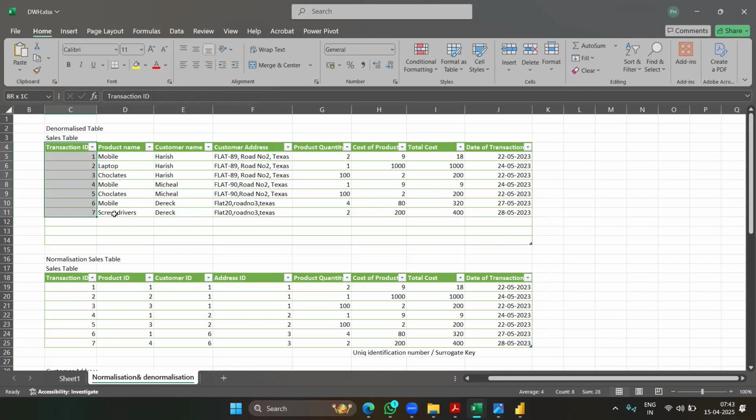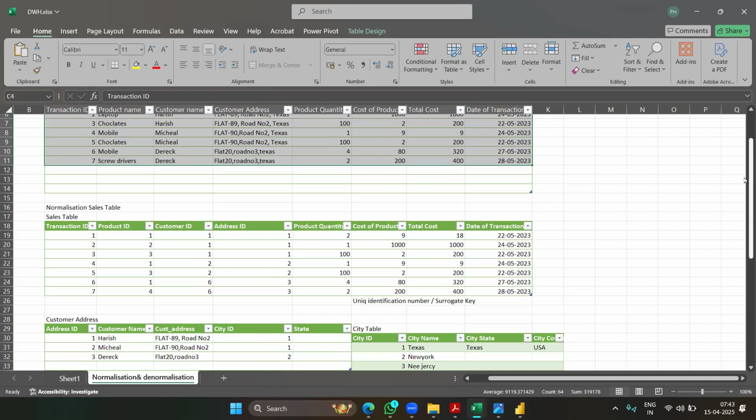Now, how can we address this issue, avoiding storing duplicate data? Then we can normalize this table. That means we can store the same data in multiple tables by logically separating the things, right?